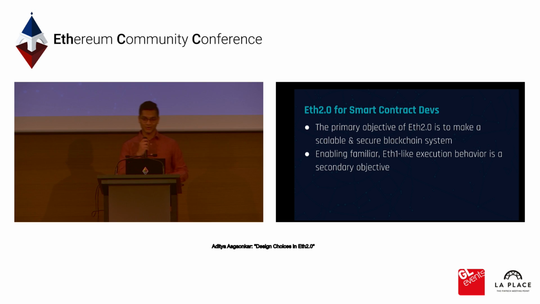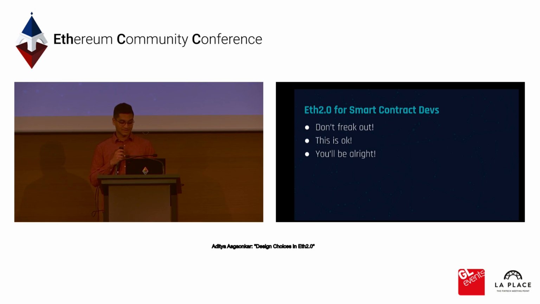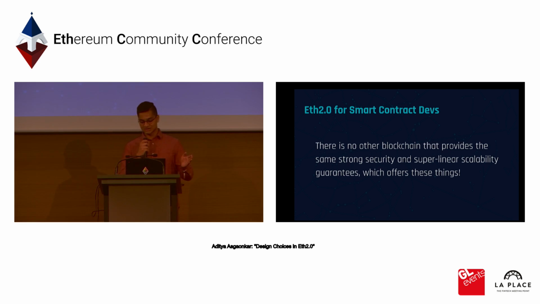That is not the main point of ETH2. Don't freak out. This is okay. You'll be all right. It's not that bad. And the moral of the story is there is no other blockchain that provides the same strong security guarantees and super linear scalability that offers things like synchronous cross-shard transactions or dynamic state access, for example.